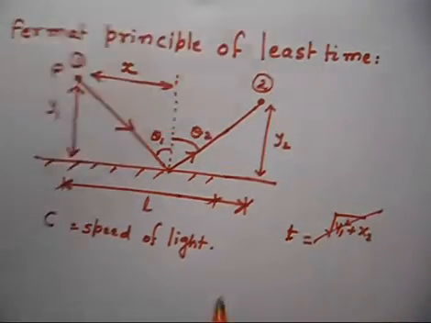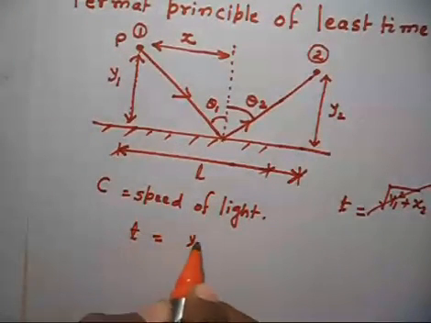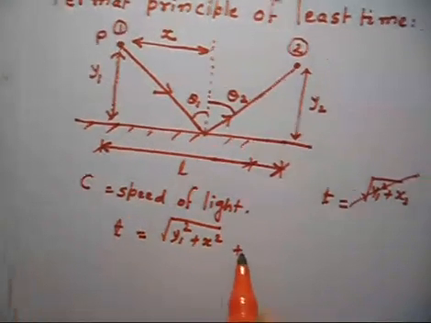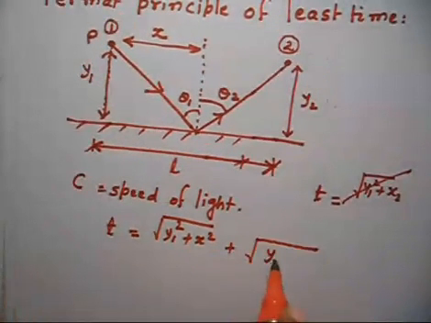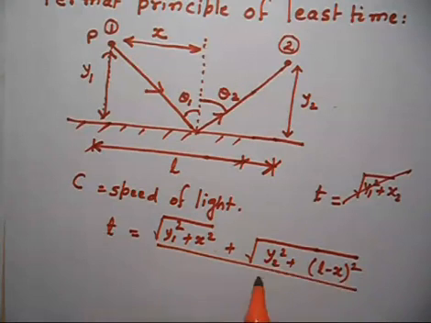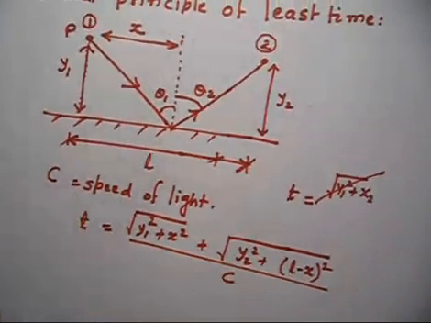Let me write here because we don't have so much space there. We have to prove that this is the time required to go from 1 to 2.